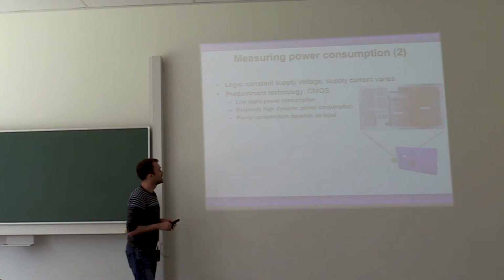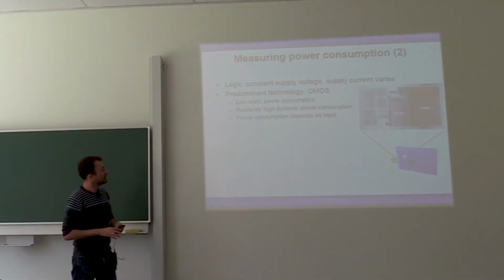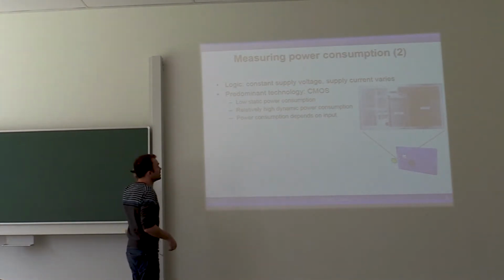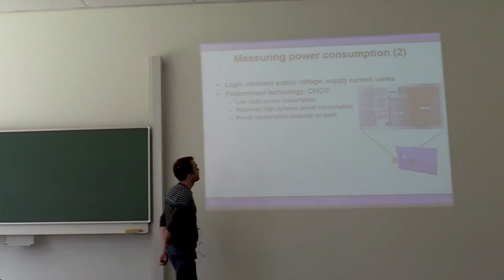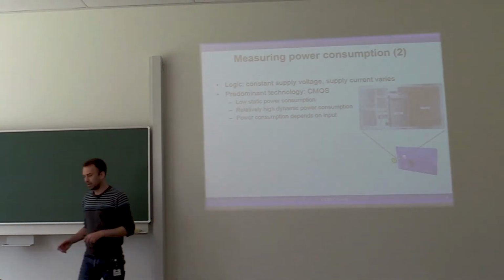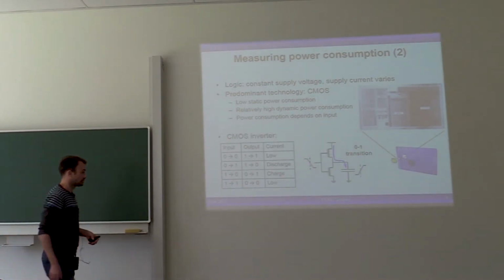CMOS has a relatively high power consumption, but most of the time our devices are not doing much. All your phones, I hope, are now in your pockets. They're not doing anything, so they should not consume a lot of power. As a consequence, the power consumption of this logic depends on inputs, whether something happens or not.